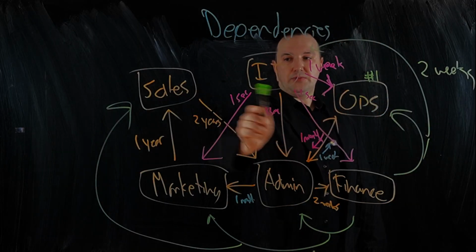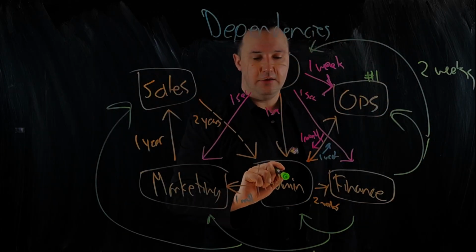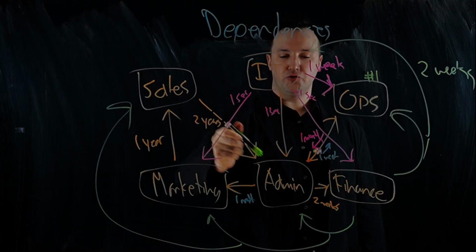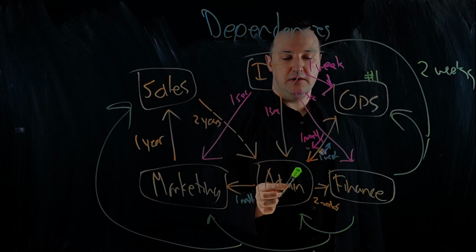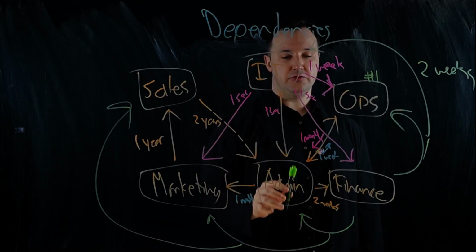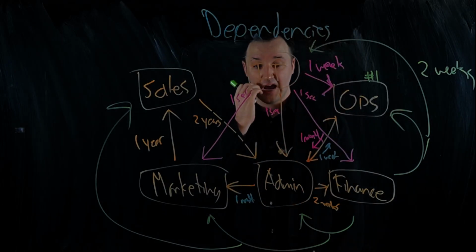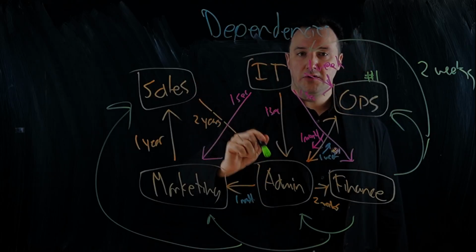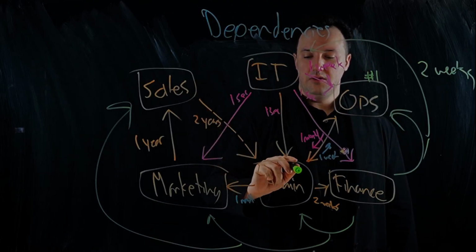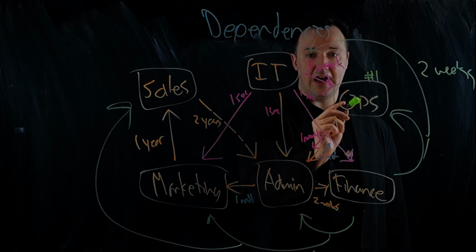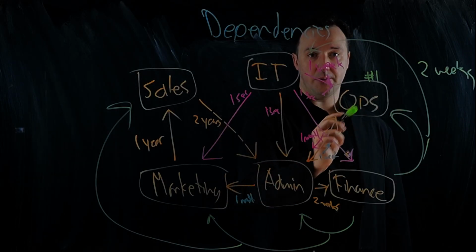Let's shut down ops through sales. Admin gets shut down through sales kind of after 2 years, and then admin being shut down by sales after 2 years will shut down ops after 1 week. Here's an example of how this could happen. After 2 years of no increased sales, we simply don't have enough work orders, which means ops doesn't have enough inputs, so admin isn't giving ops anything.